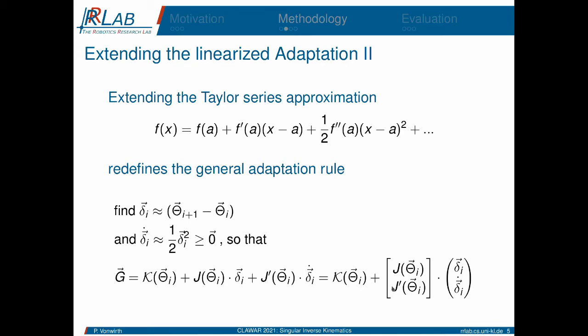And this can very easily be written as a matrix multiplication by putting these Jacobians as a vector over each other, multiplying with a vector of the gradients delta I, which are representing the adaptations of the joints.